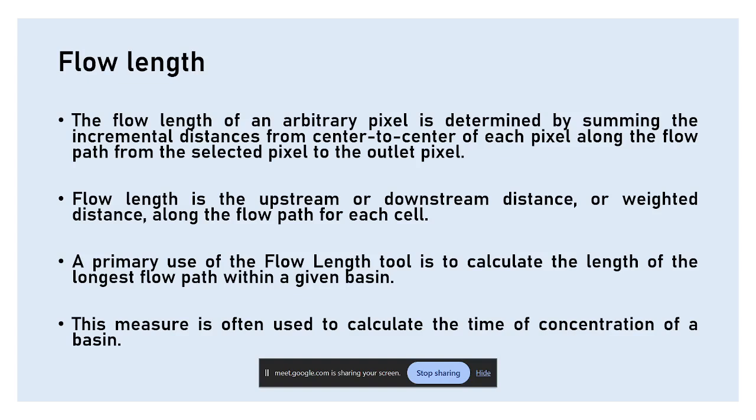It's also maybe related with sediment flow and maybe some other pollutants, because this is after all time of concentration. So it's basically how much time it would take to reach a particular location. Okay. So as I said, it's used in flooding forecasting, but even when you want to determine the sediment flow, or suppose some pollutant entered the water flow, how far can it go? Such things can be understood when you study the flow length.